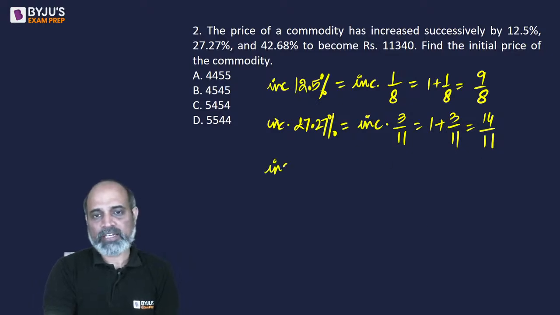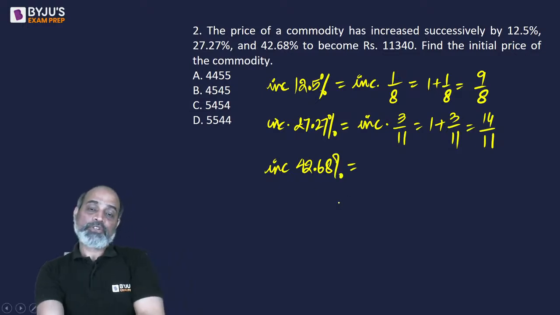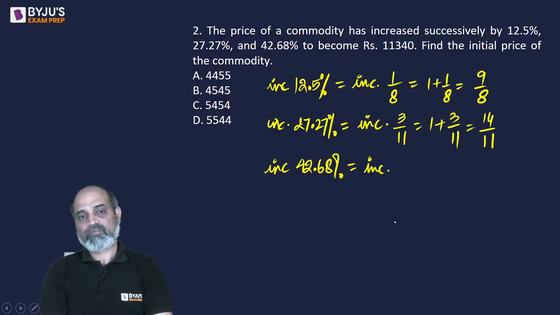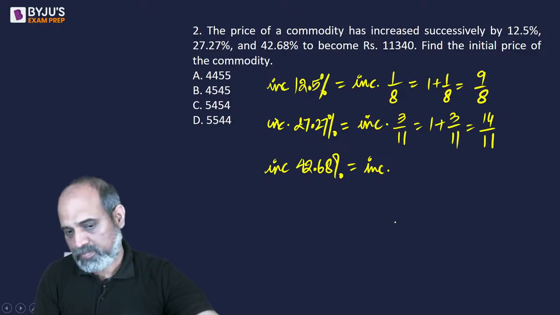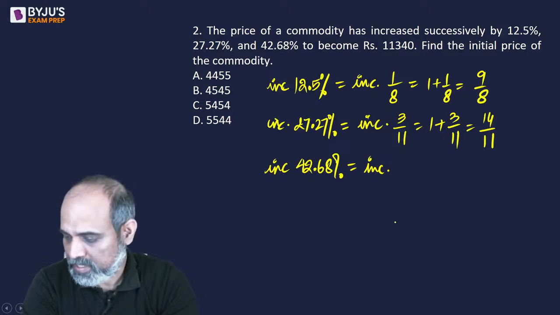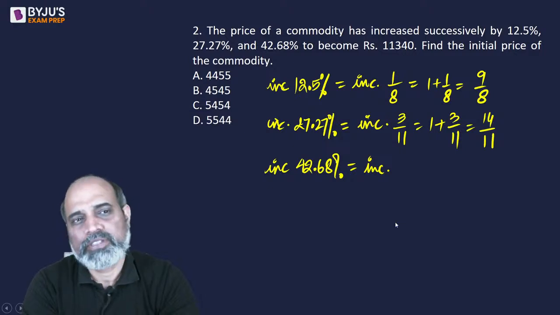And then we have an increase of 42.68%. Now 42.68% is the same as an increase of 0.14285. So this is not divisible by 7. This is not divisible by 14. 1 by 13 is 7.69%, right?